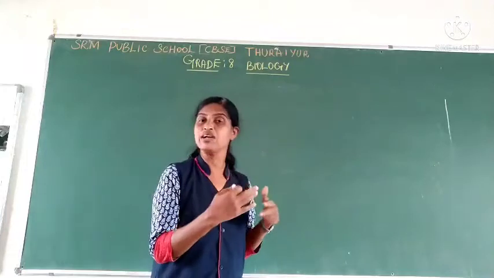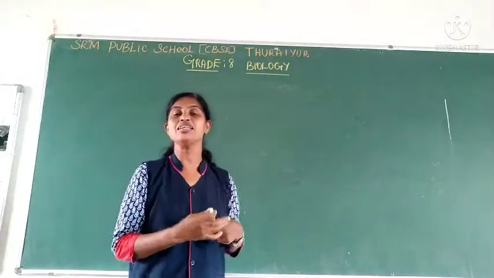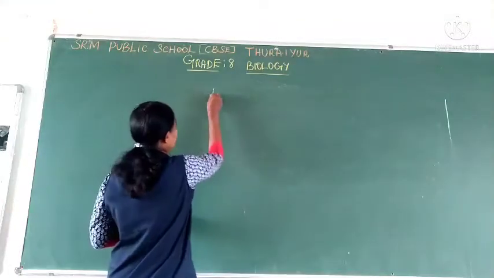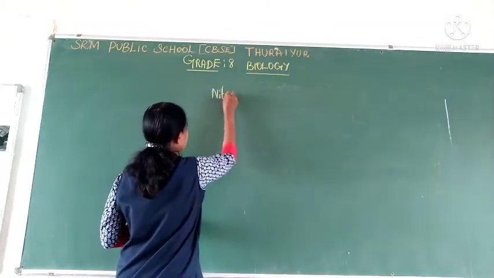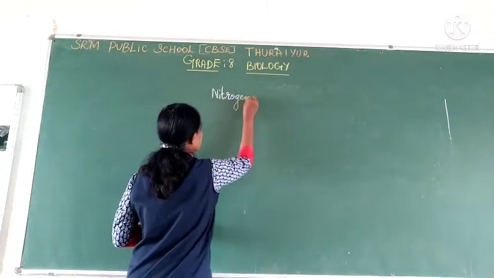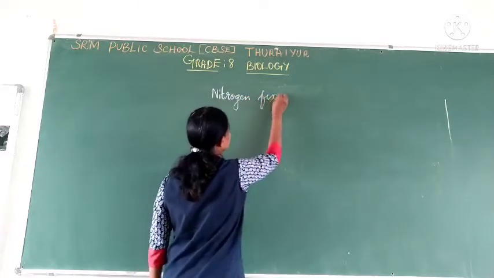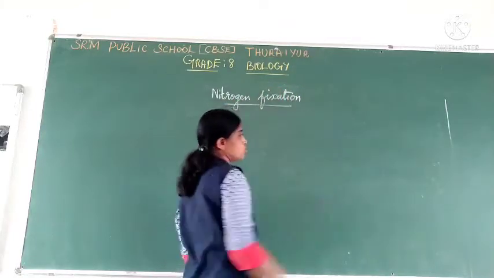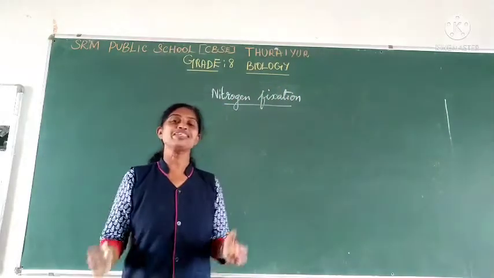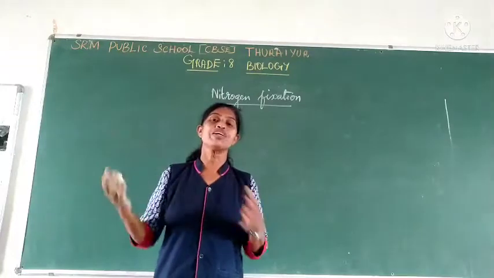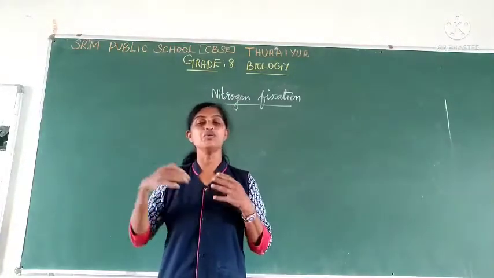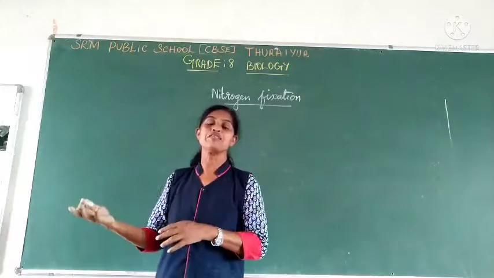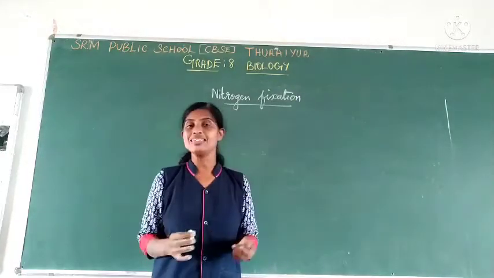That's all. First, we are going to see nitrogen fixation and then the nitrogen cycle. So listen first, nitrogen fixation in the sense, atmospheric nitrogen is converted into nitrates and fixed in the soil, and that is used by the plants for their growth and development.